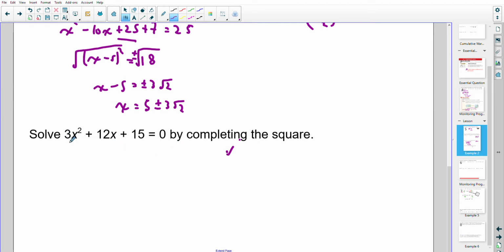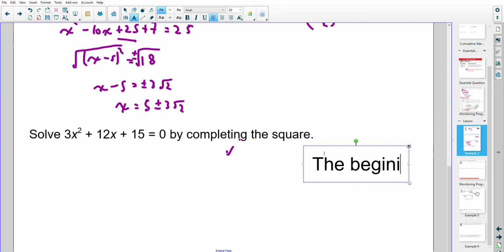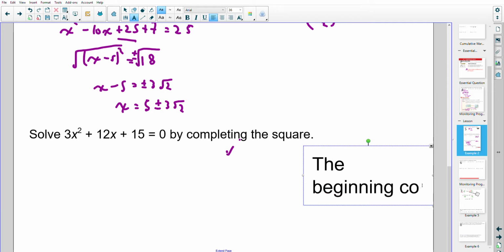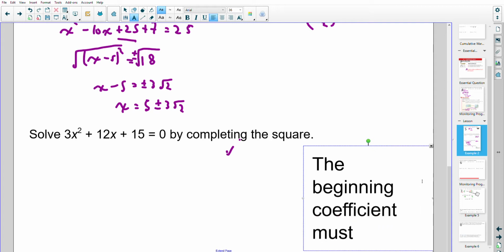Let's take a look at solving this one. Again, the problem here is that there is a 3 in the beginning. Most important is that you also have to remember one thing. The beginning coefficient must equal 1.